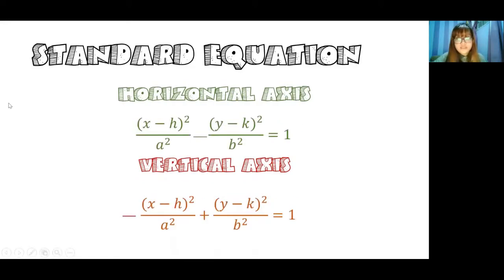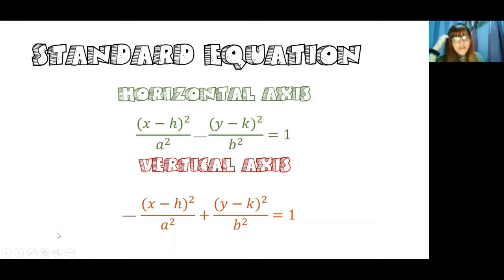Next is the standard equation. For horizontal axis, we have x minus h quantity squared all over a squared minus y minus k quantity squared all over b squared is equal to 1. While the vertical axis is negative x minus h quantity squared all over a squared plus y minus k quantity squared all over b squared is equal to 1.